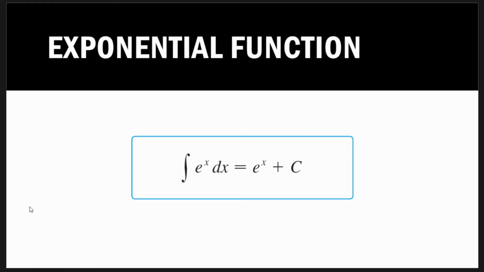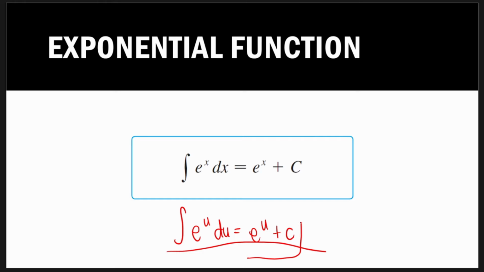Or if your x has a corresponding value, a composite function, you may say that the integral of e to the u du is equal to e to the u plus c. So that is the equivalent integration formula.